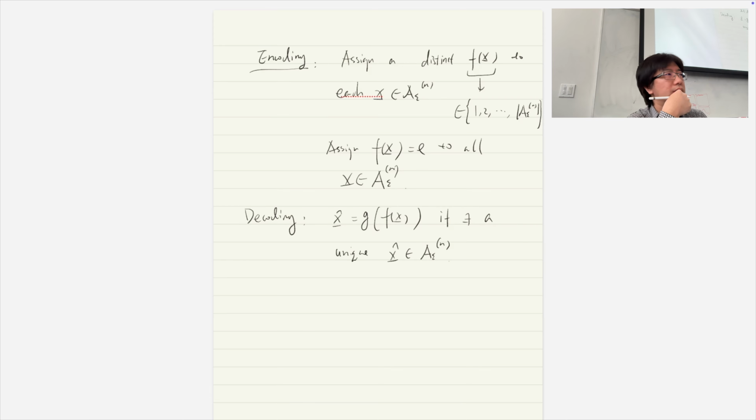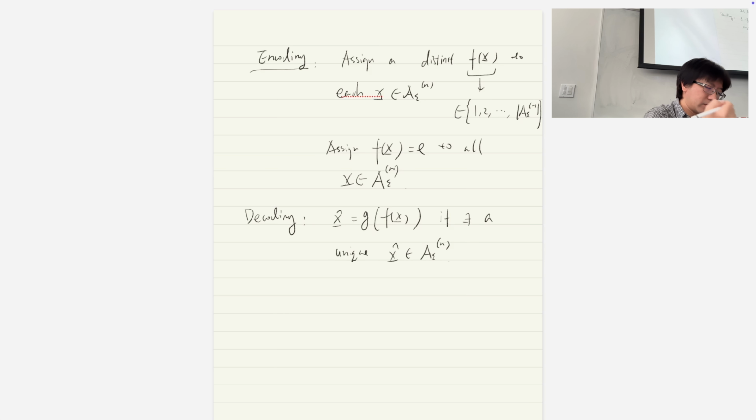Is that clear? So basically, we receive a bunch of indices, and each index corresponds to an element in the typical set. We'll just map it back. If we receive an E there, we say it's just an error. Is that clear? Okay, that's how we do it.